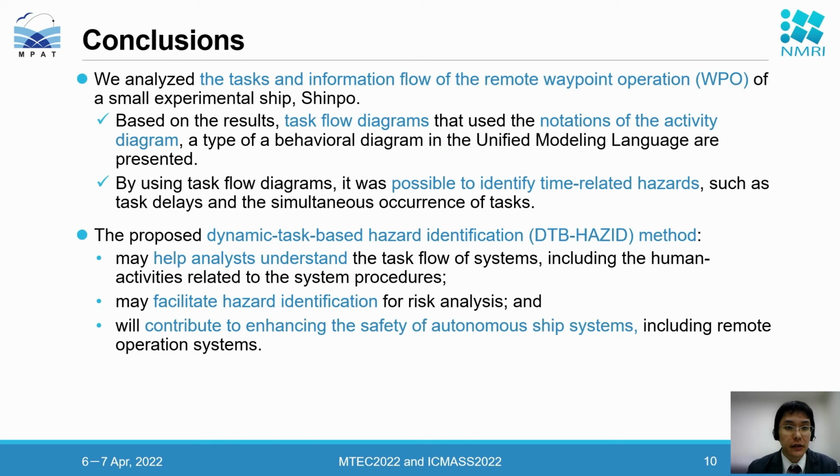We analyzed the task and information flow of the remote waypoint operation of a small experimental ship, Shinpo. Based on the results, task flow diagrams that use the notation of the activity diagram are presented. By using a task flow diagram, it was possible to identify time-related hazards, such as task delays and simultaneous occurrence of tasks.